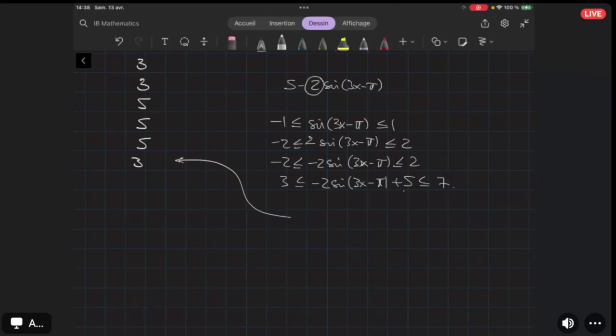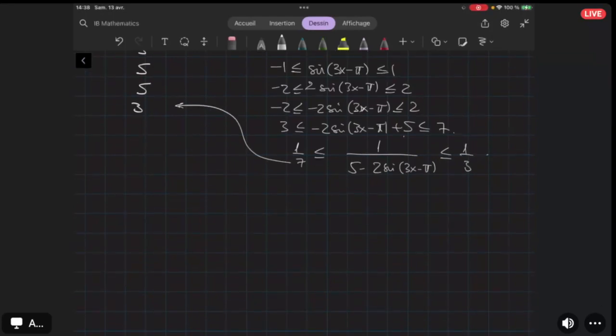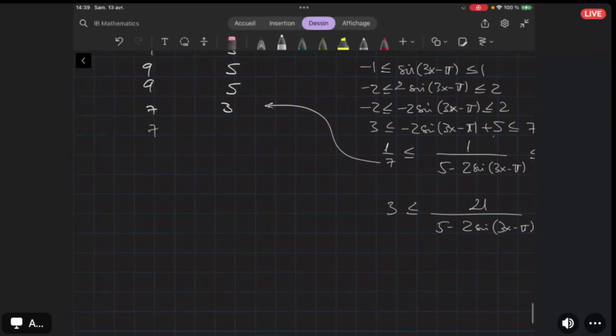You take the reciprocal of it, the inequality sign flips. Then times 21. Because you're multiplying by a positive constant, the sign remains as is. Max 7, min 3.